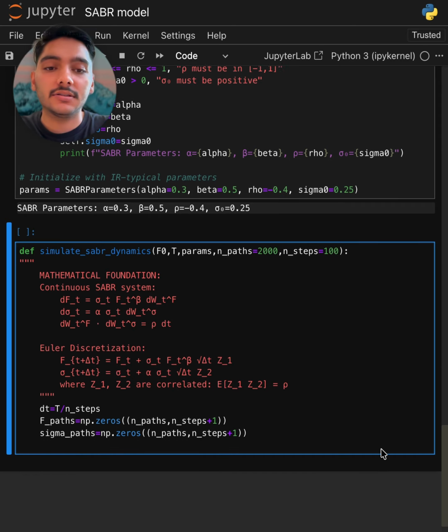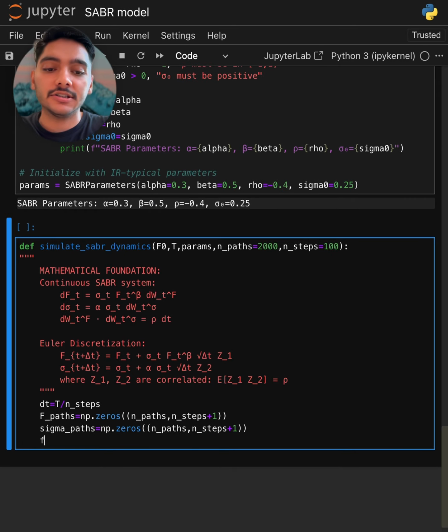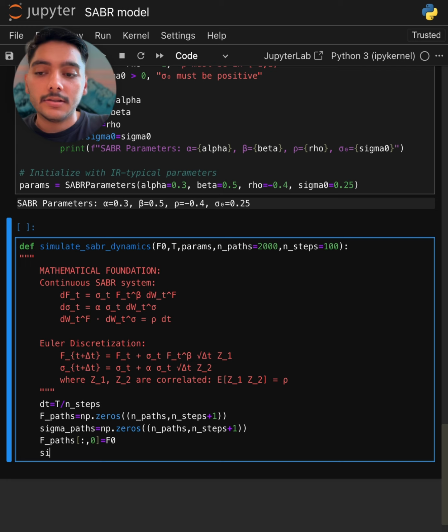So let's set the initial conditions: f paths is equal to f naught, and sigma paths is equal to sigma naught. So all paths start at the same forward rate and the same volatility.